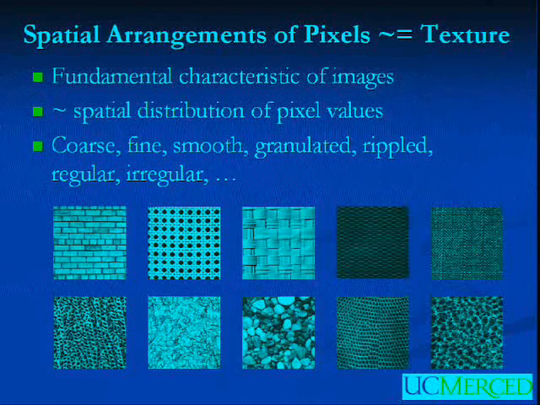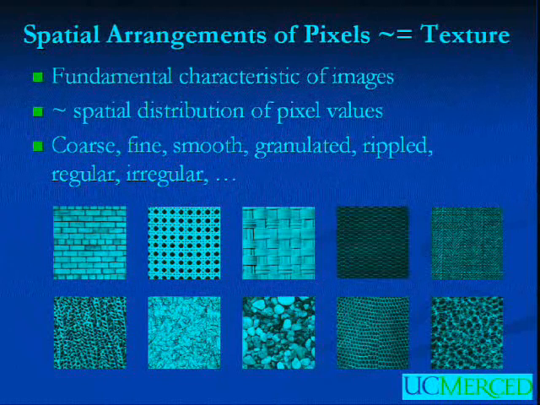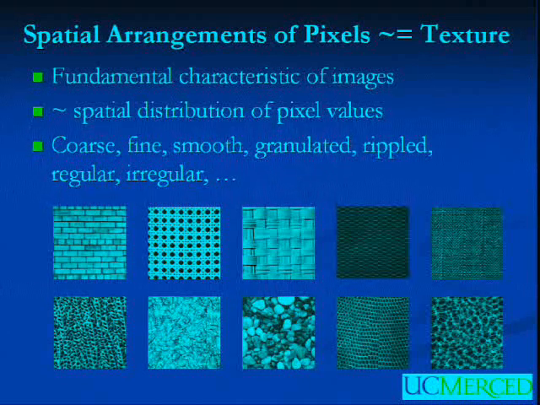So here I have some examples from a standard texture database called the Brodatz texture database, and the images along the top here, I think everyone would agree, are textured images, whether they're of fabric or of bricks. They're the kind of regular patterns.